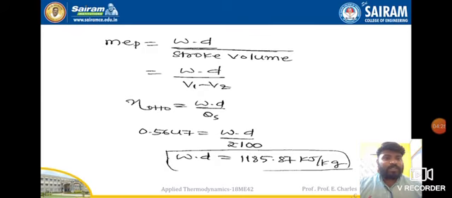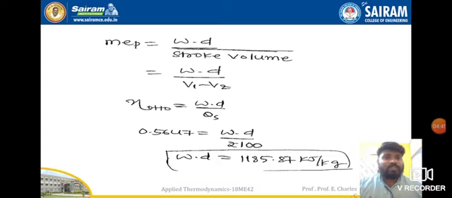Next, we are finding out the mean effective pressure. Mean effective pressure is equal to work done divided by stroke volume, which can be written as V1 minus V2. There is one more formula we know: work done divided by heat supplied is nothing but the efficiency, which is output by input.